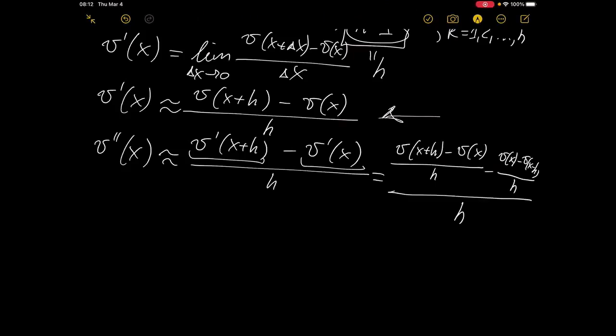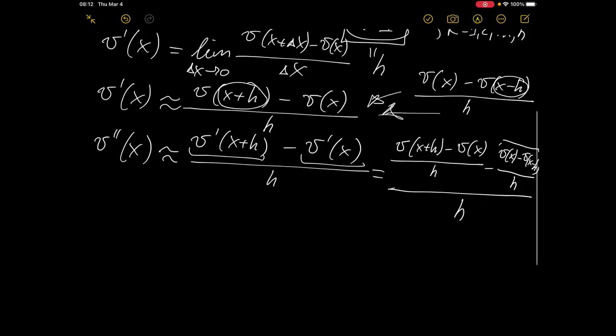Pay attention that here, instead of that formula, I used v(x) minus v(x minus h) divided by h. As you understand, you can make a step forward like here, or a step backward here. It doesn't matter.